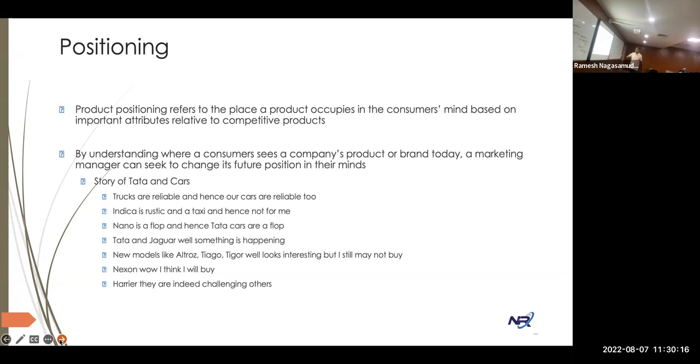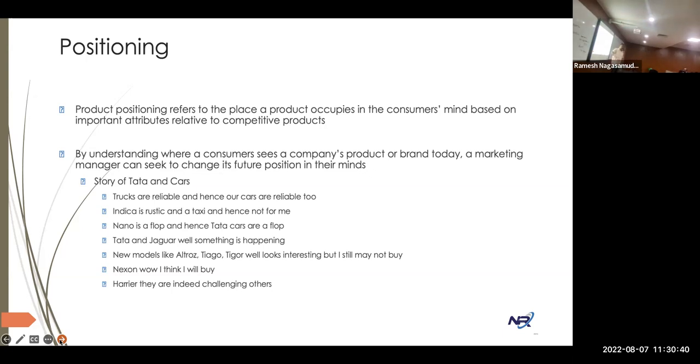Before that, what was Tata? It was highly reliable trucks. The assumption was that if Tata trucks are reliable, their cars will be reliable too. So they ran on that presumption and the mindset of the user, and came up with the Indica.